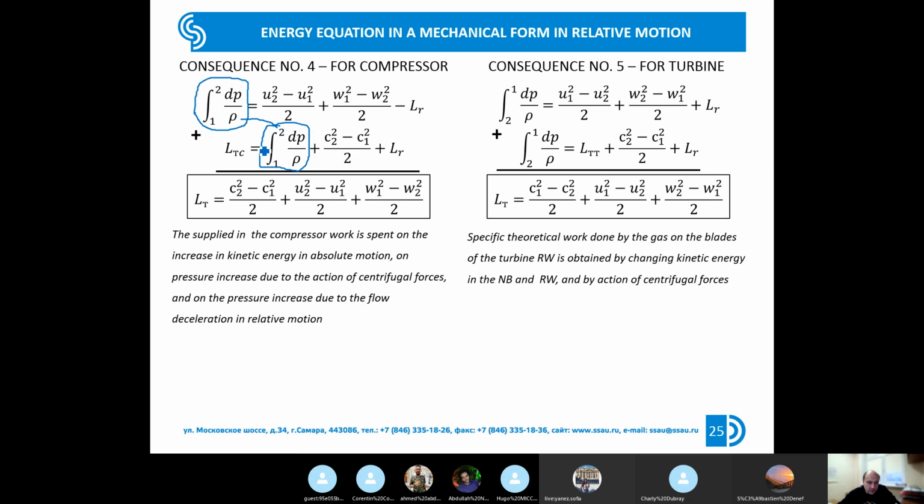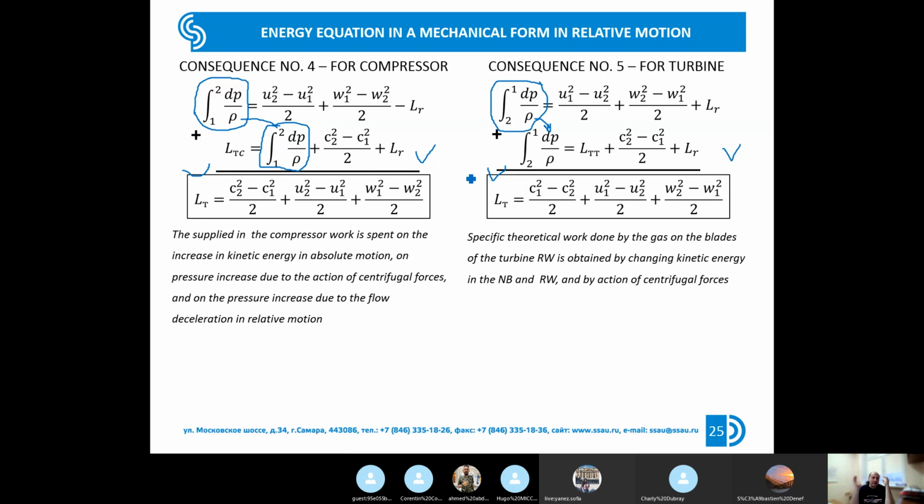I hope you remember that the second equation is the Bernoulli equation for the compressor and for the turbine. So we will take the integral and put it inside the Bernoulli equation. And finally we receive these two formulas.